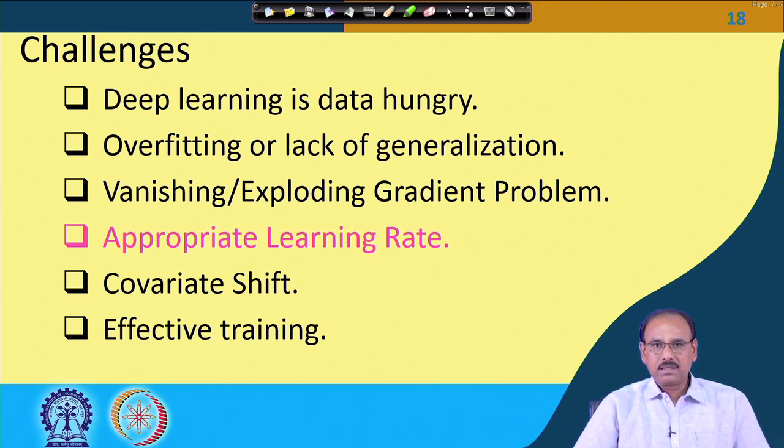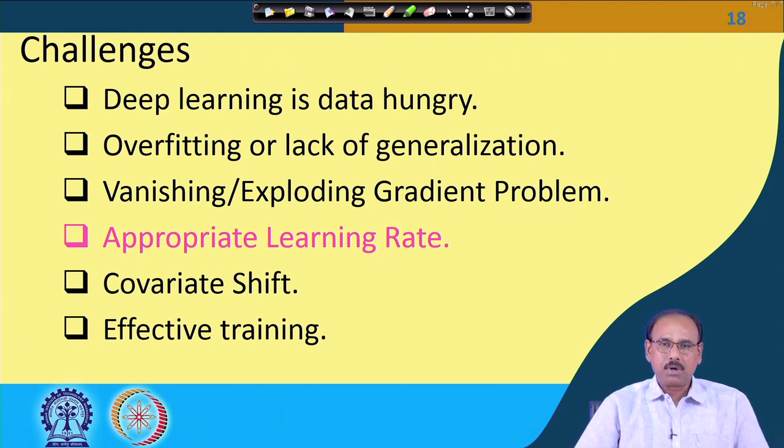Now, given this, let us talk about the other challenge that you face in deep neural networks, that is during learning or training of the network, how do you choose the appropriate learning rate, or how do you choose what should be the weight updation step size? That is what is your learning rate.